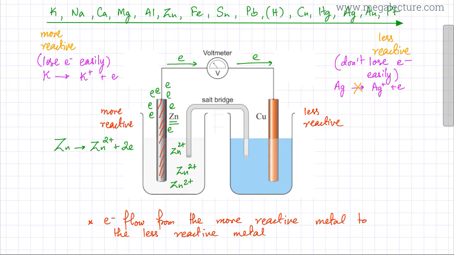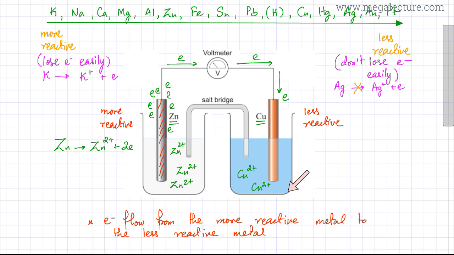Once these electrons start reaching the copper electrode, they need a place to go. Because copper metal doesn't gain electrons, it doesn't form negative ions. So when these electrons reach this electrode, you need an electrolyte in the solution. For example, if the solution contains copper 2+ ions. An electrolyte is a solution that contains ions, because ions are able to gain or lose electrons, and they're able to conduct electricity.